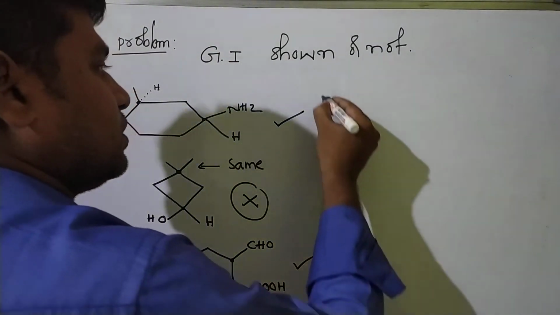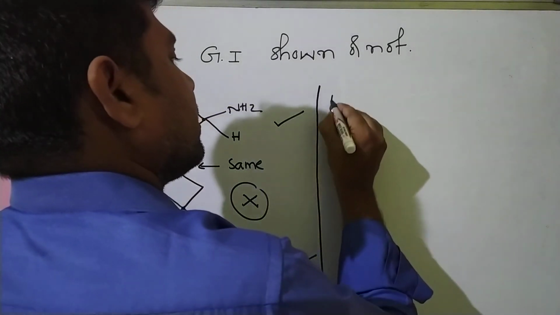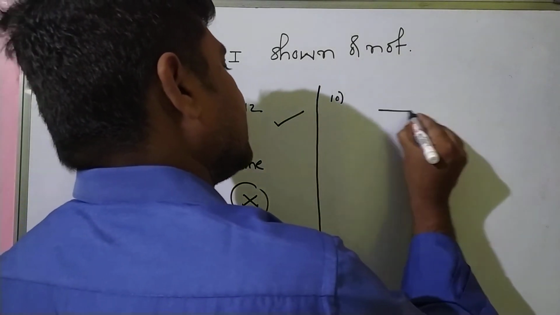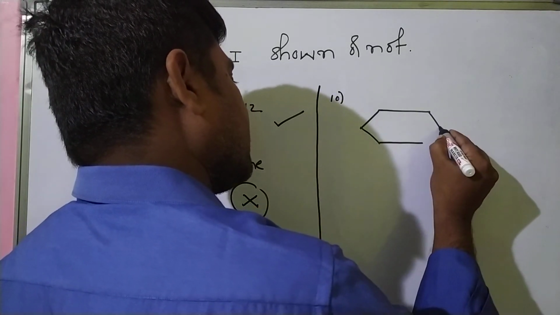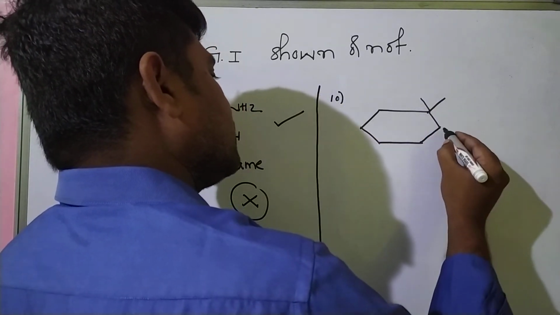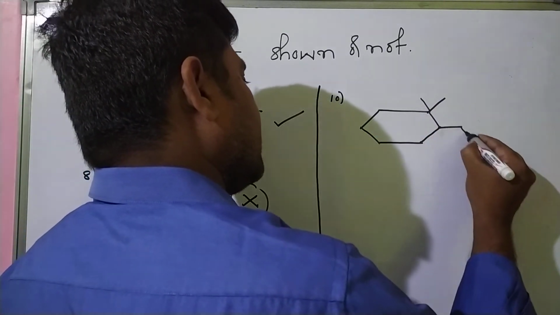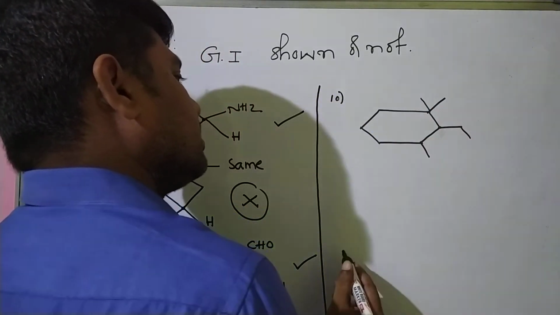And some other examples. Okay, so this is cyclohexane again. Here two methyls, here ethyl, here methyl.